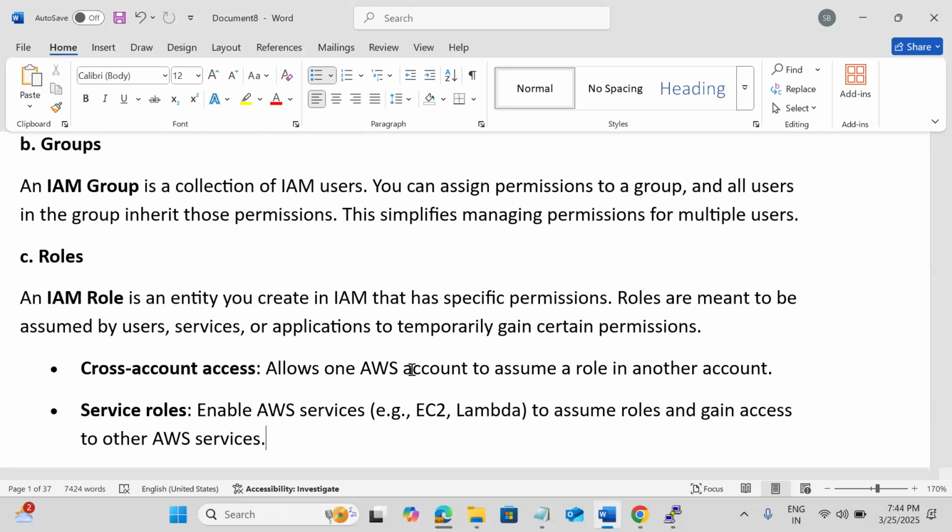I'll tell one example for understanding purposes. You are installing Instagram on your mobile. For Instagram, you may have your username and password, that is the user level. But your Instagram may use other services in the mobile, right? What are those services? It may use the contacts or photos. It may use your location. For all those, you are giving the permissions or not?